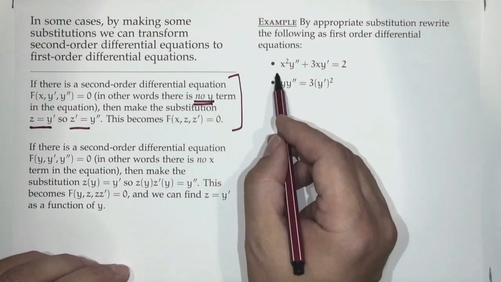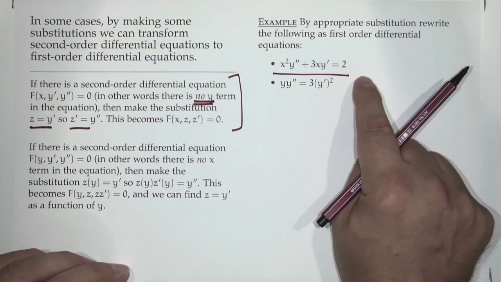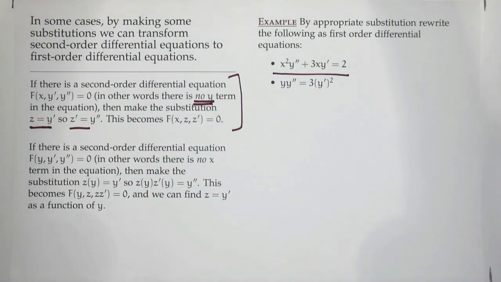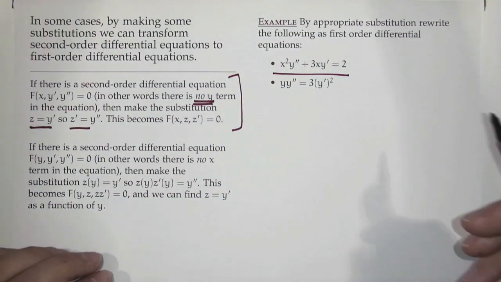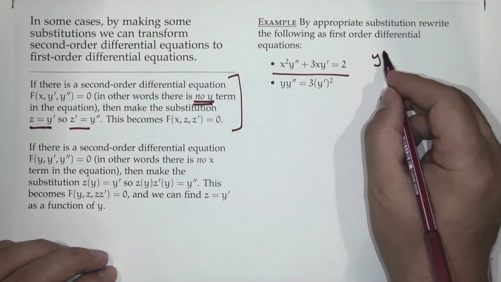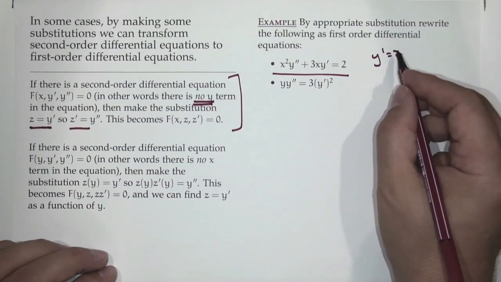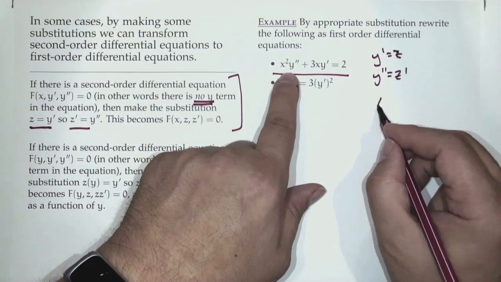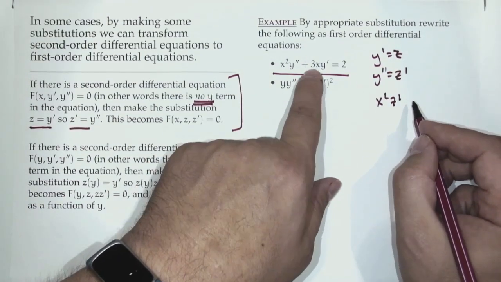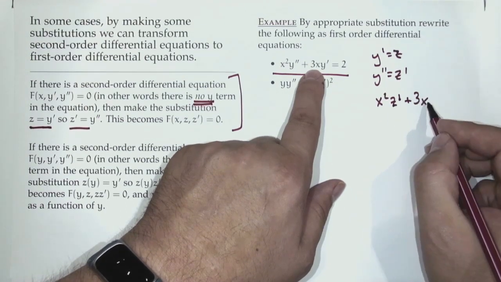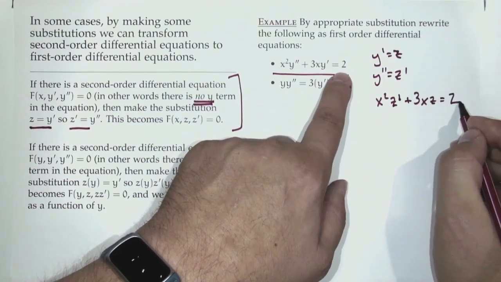All right, so an example. Notice this first one. What does it have? No y. There's a y prime, there's a y double prime, but there's no y. So we say, great. For here, we make the substitution. Y prime equals z. Y double prime equals z prime. And then we end up with x squared z prime plus 3x times z equals 2.